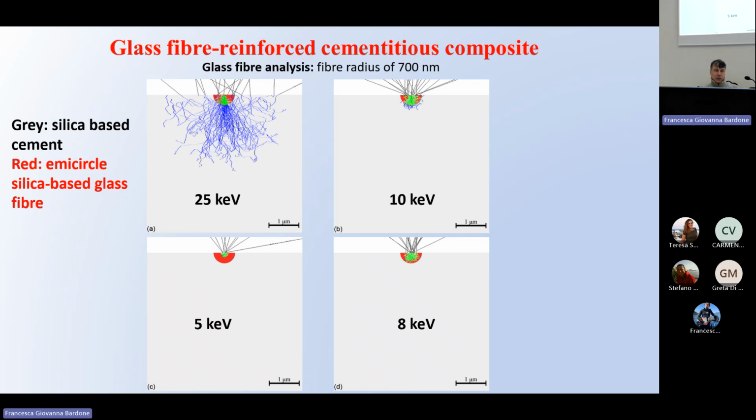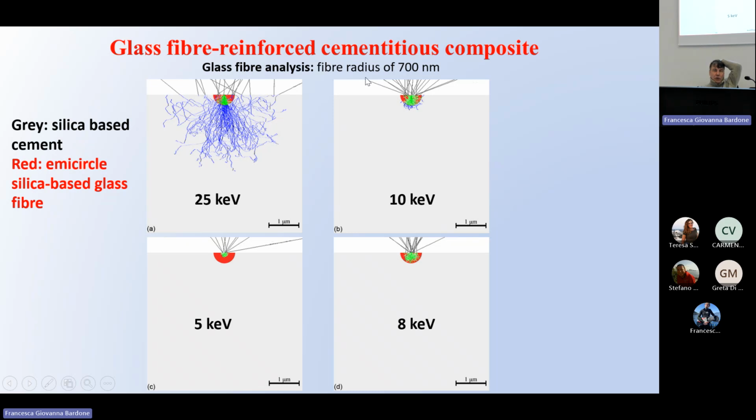This is another simulation. For example, just to suggest you try different energy of your electron. You are inside a scanning electron microscope. You can change the energy of your electron.